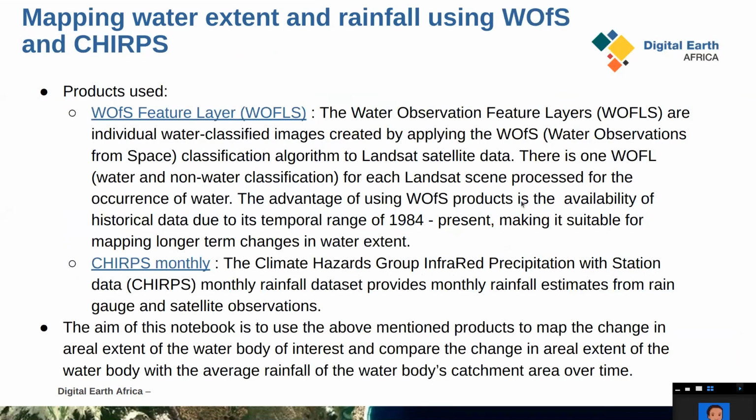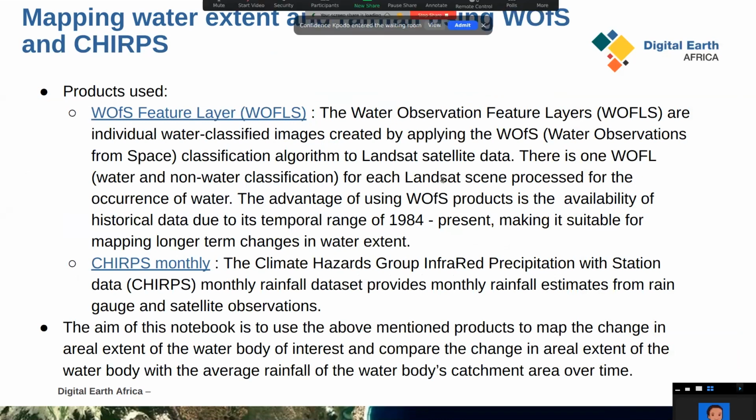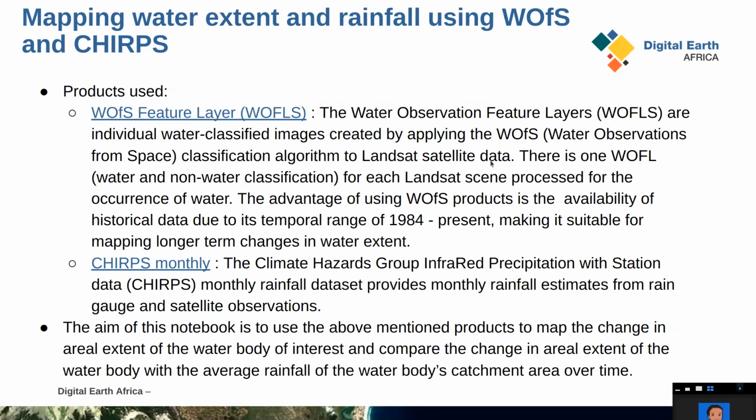We now also, in the monitoring water extent use case, have monitoring water extent and rainfall using the WOFS data and the rainfall CHIRPS data. As I previously said, the WOFS data is derived by applying the WOFS classification algorithm to Landsat satellite data. The difference between the WOFS feature layers and the WOFS annual summary is that the annual summary is the frequency that a pixel was classified as water throughout the year.